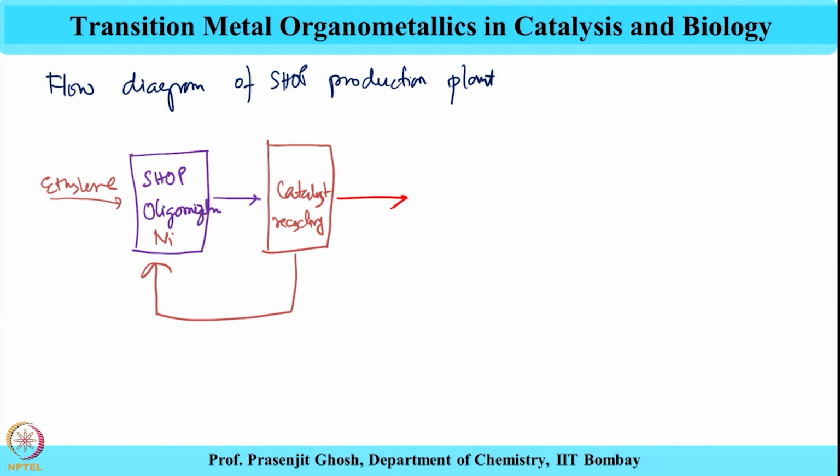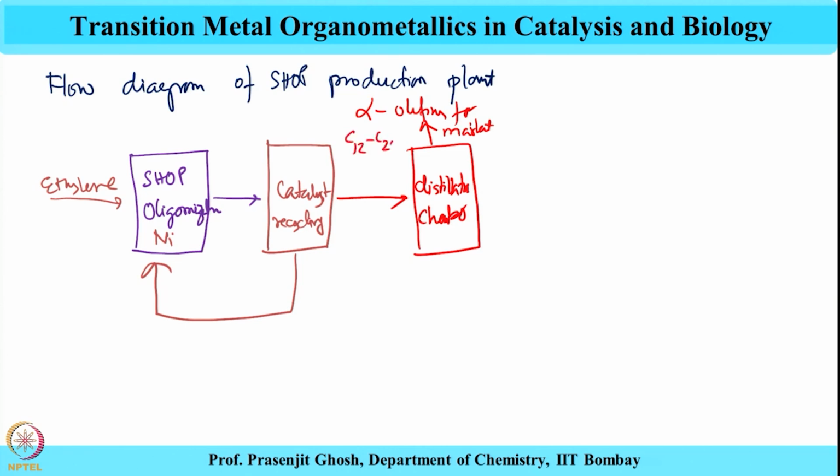Then comes the distillation chamber, which will give alpha olefins for the market, and these would be C12 to C18 fractions, they would be straight away used for the market.